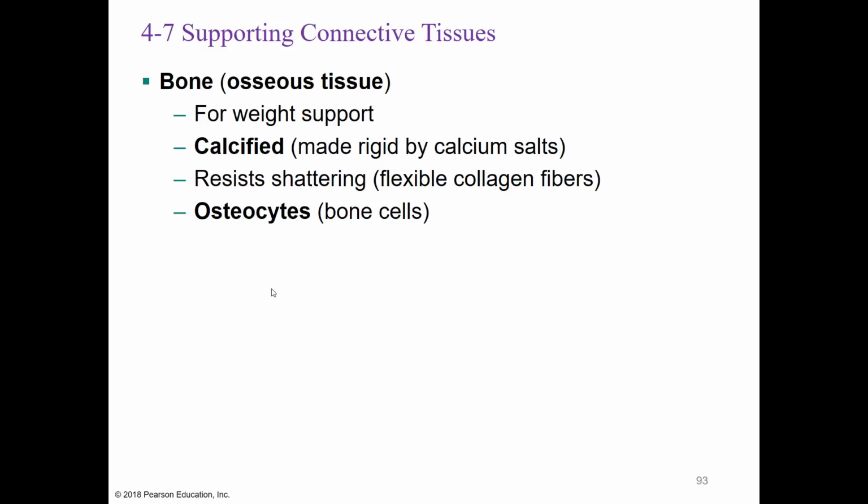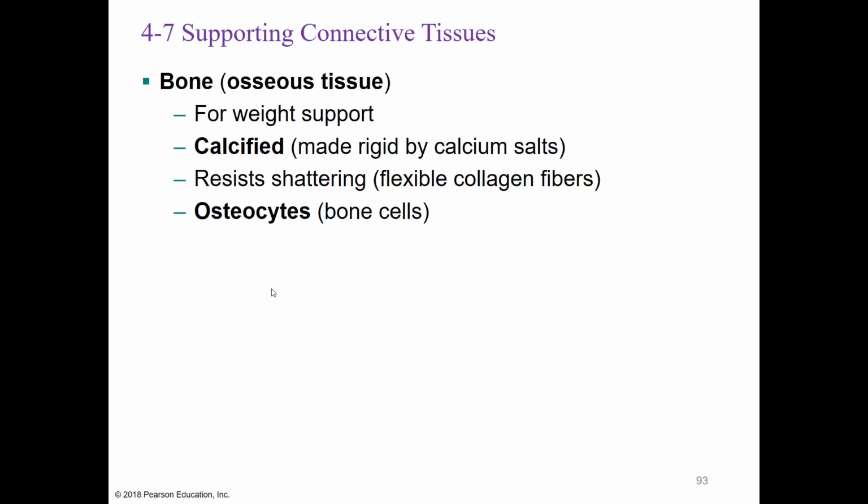So bone is also known as osseous tissue, and it is great for weight support and also protection of vital organs. It is very hard, so the matrix of bone is rigid, which makes sense because bones are rigid. And it's made rigid by calcium salt.